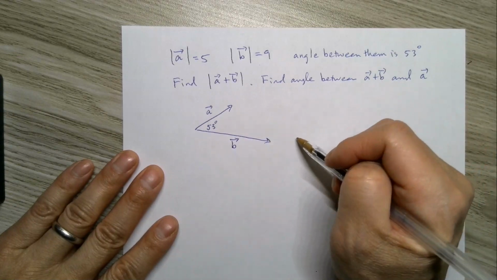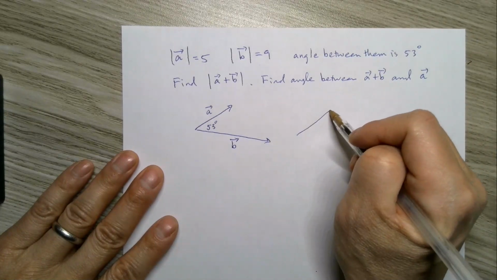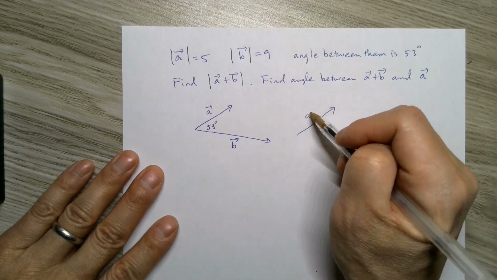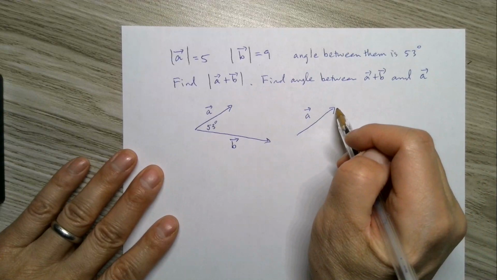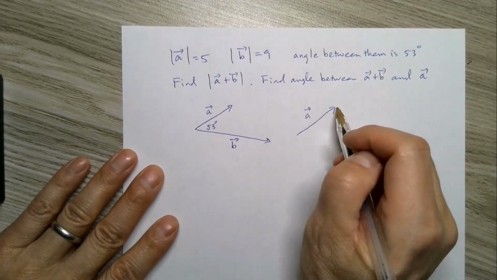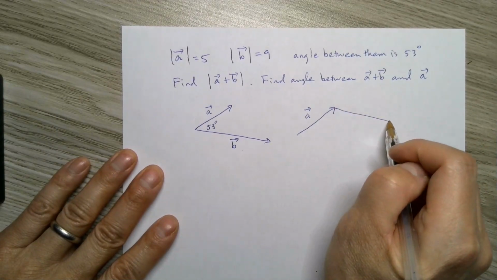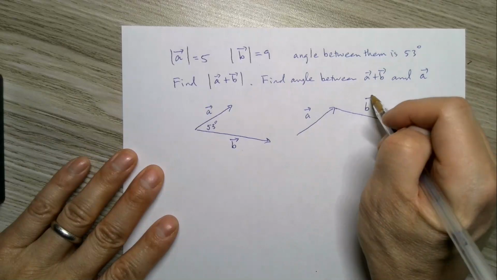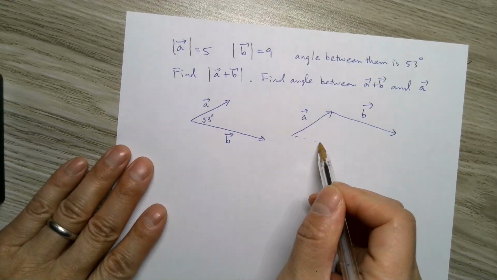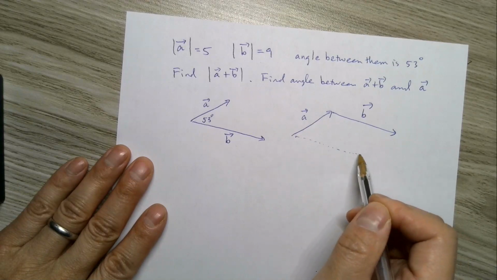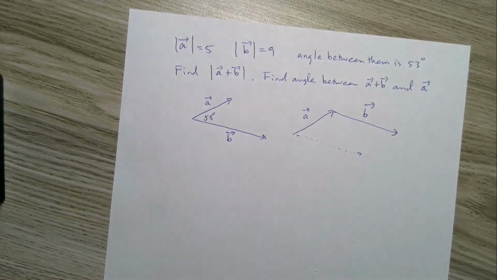So I'm going to redraw A. Just pretend that's the same length as this one. And I'm going to now copy vector B up here. Okay, so that's B. I'll draw a dotted line so you can see where B used to be. Okay, that's where B used to be.